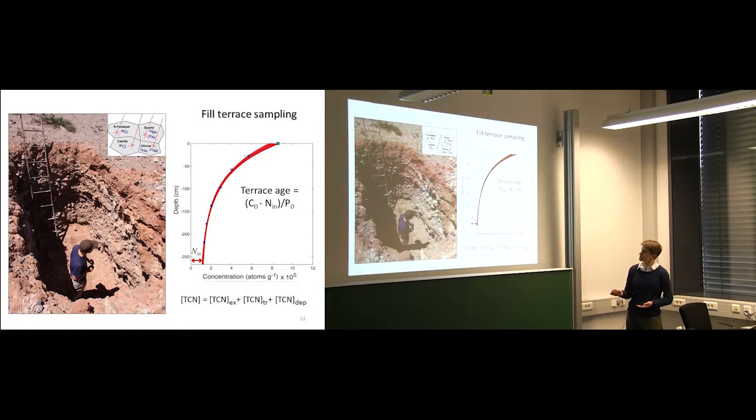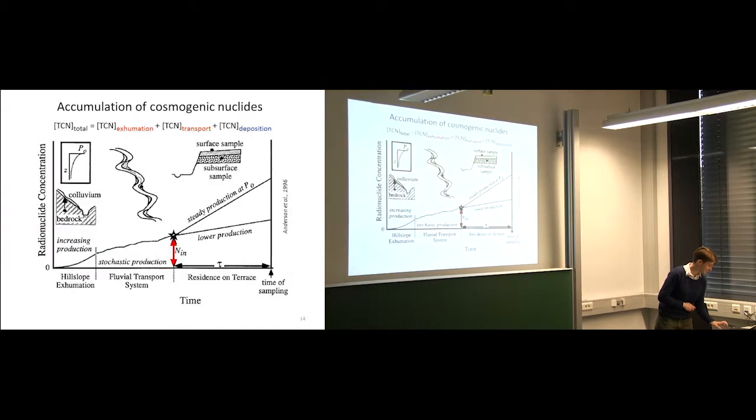And in this case, if that's all you're interested in, this inherited concentration is really annoying, right? It means you need to collect a lot of samples, do a lot of analyses, and yeah, not the nicest thing. But if we think about it, that inherited concentration is actually quite interesting, right? Because essentially what it's telling us is the erosion rate at the time that that fill terrace was aggrading.